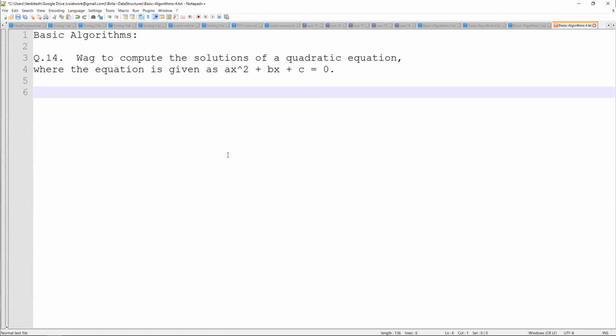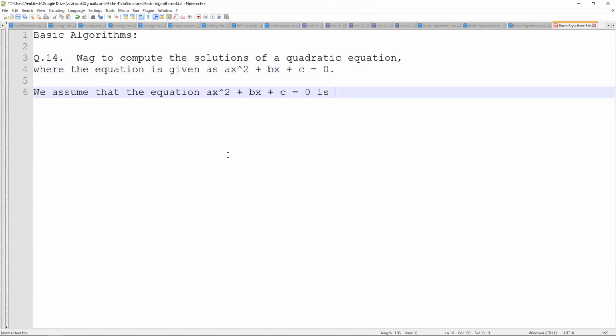So how does this work? So what do we do? So we assume that the equation ax squared plus bx plus c equal to 0. In order to know this equation, what do you need to know? You need to know the coefficients a, b, and c, right?